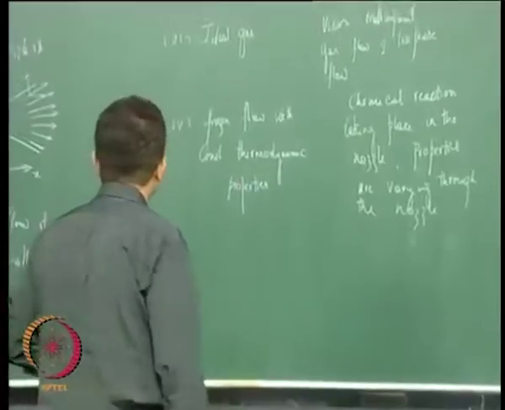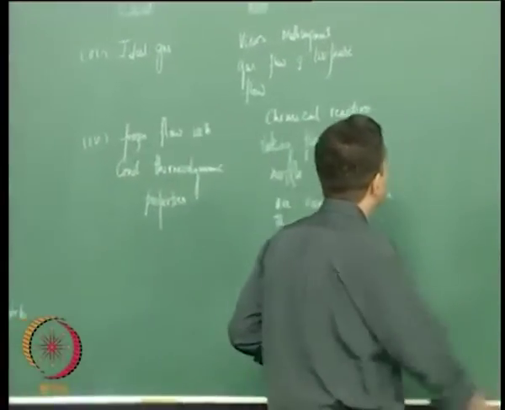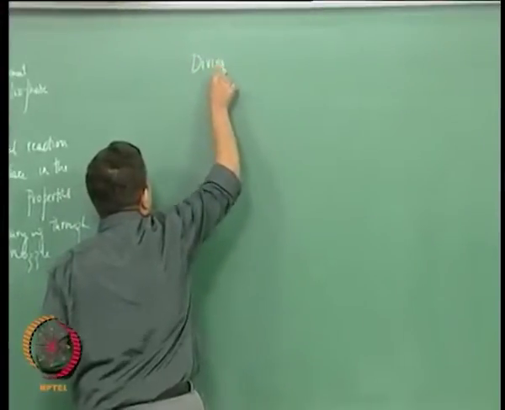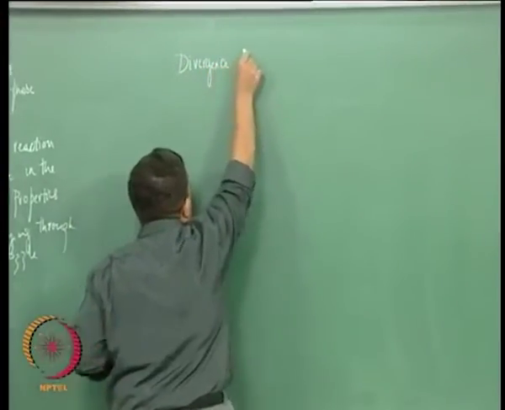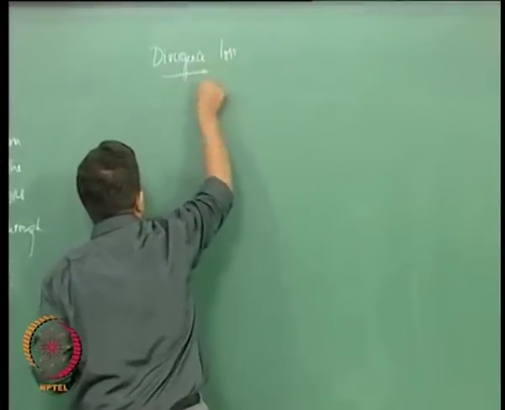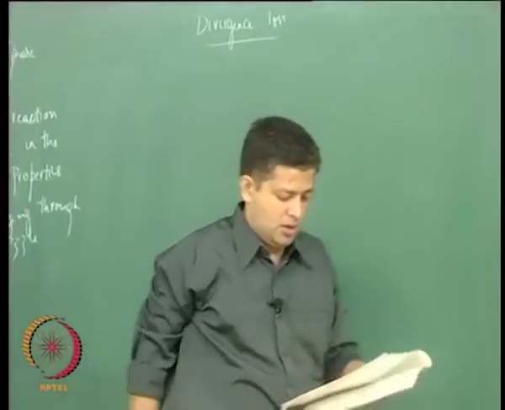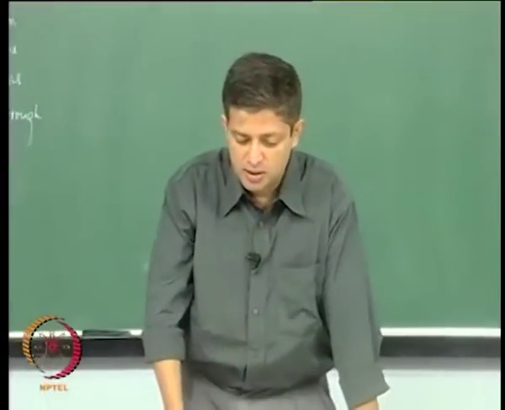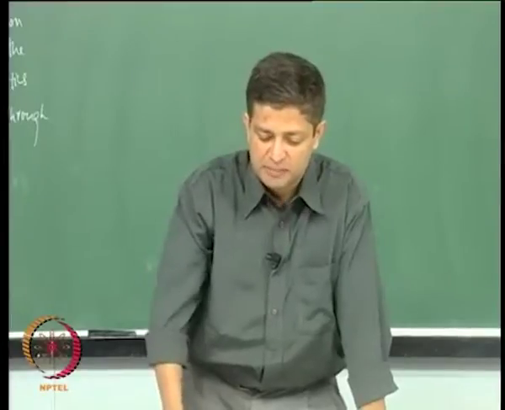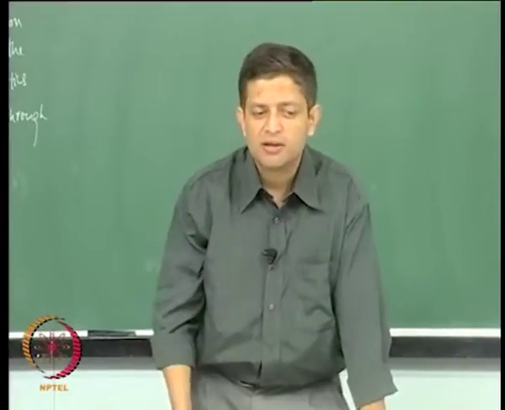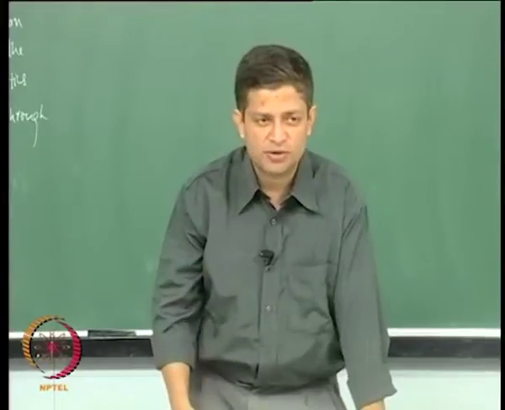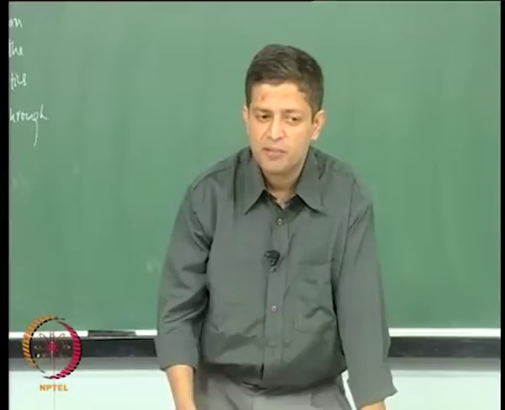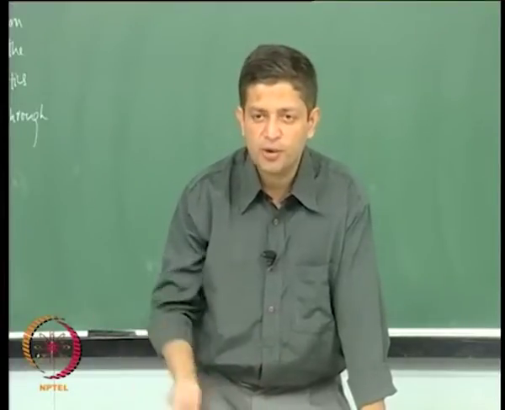Now, let us firstly pick up divergence loss. We are going to make an assumption saying that the nozzle flow is optimally expanded, but that need not be the case. This derivation is still valid even if the nozzle flow is not ideally expanded or optimally expanded, primarily because we can take out one term.